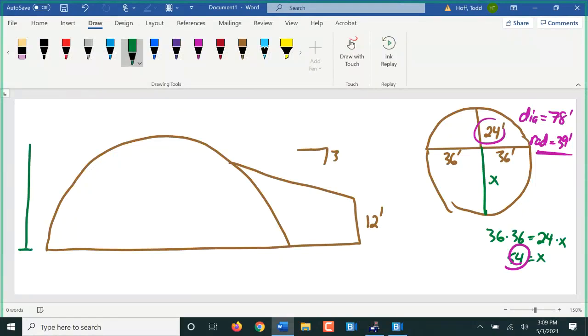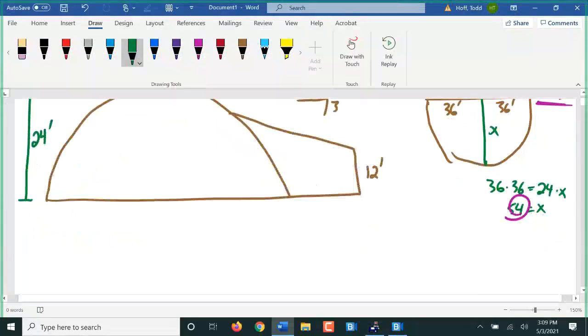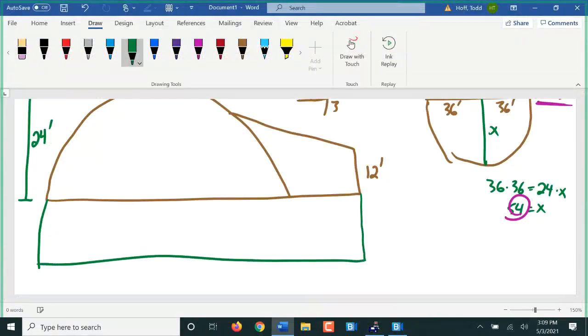Now back over to this drawing. This height is 24 feet. How much do we have to add on to the bottom of this to make it a full half circle? 15 feet. Very good. So we're going to add 15 feet here. Now, this is the center of our circle. The distance from the center out to here is the new radius of the circle, 39 feet.